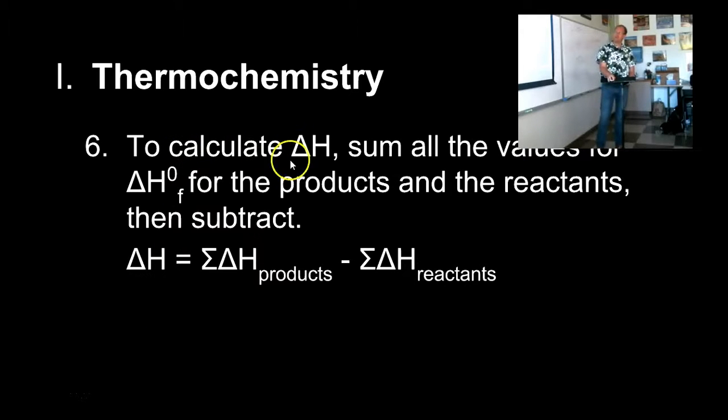To calculate the delta H for the reaction, what we have to do is look at the enthalpy of formation for all the products and for all the reactants, and then subtract. So it's the summation of the enthalpy values of all the products minus the summation of the enthalpy values of all the reactants.